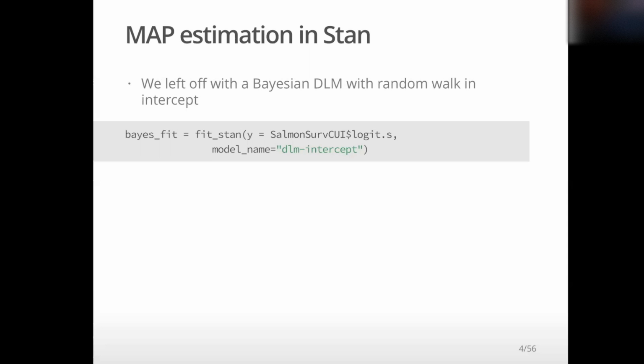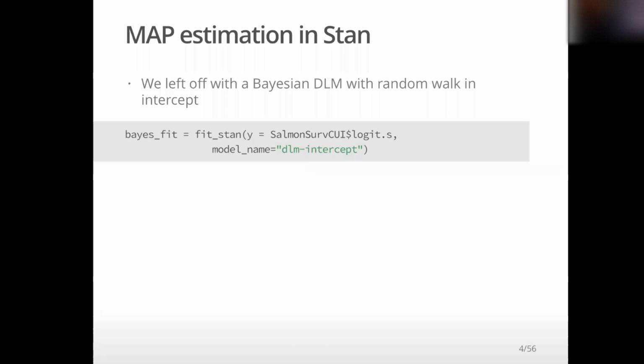One of the tools to make this a little more accessible in the time series type models that we're using for this class is essentially to put a flag into this. We were talking about this fit Stan function that will just call one of our underlying Stan scripts after passing in some data.